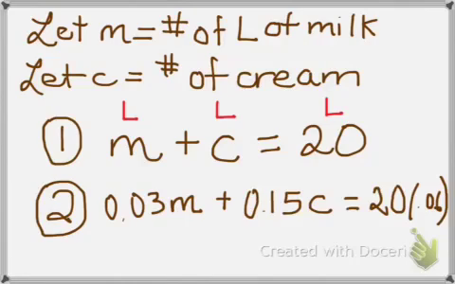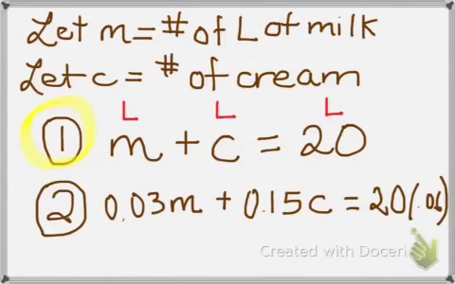Okay, so now we have our two equations. We have equation 1 here, which says M plus C, so the liters of milk plus the liters of cream, C, equals 20 liters. Okay, that's our first equation.